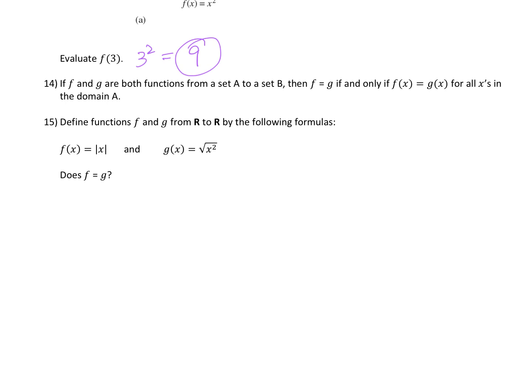If f and g are both functions from a set A to a set B, f equals g if and only if f of x equals g of x for all x's in the domain A. For example, we have two functions f and g that go from the reals to the reals by the following formulas. f of x equals absolute value of x, and g of x equals the square root of x squared.